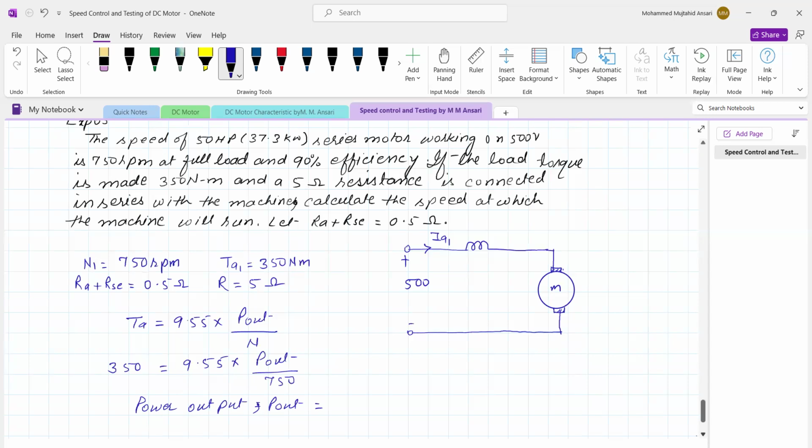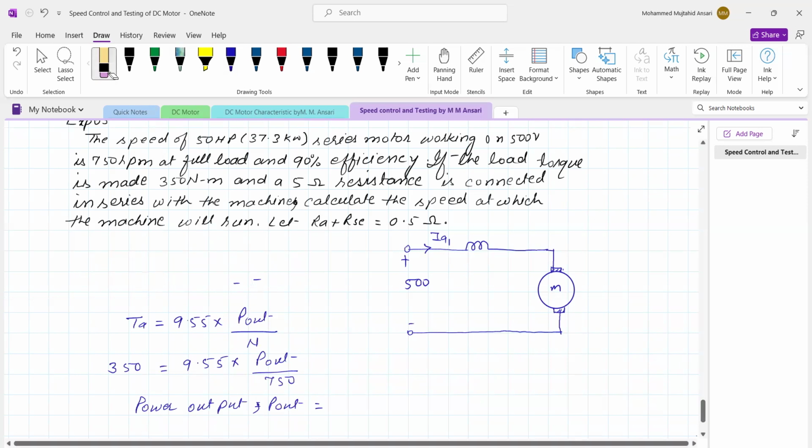What is given? The rating of the motor is 50 HP. So here the rated output power is given. So we will calculate from the output of the motor, and efficiency is given.